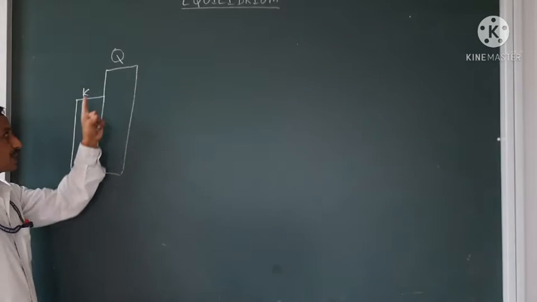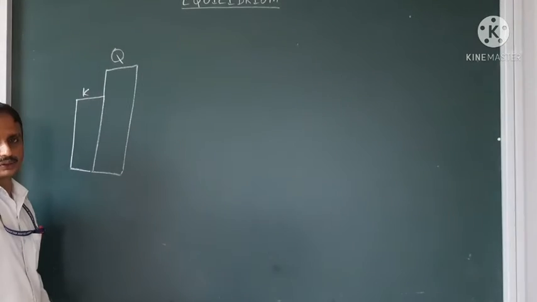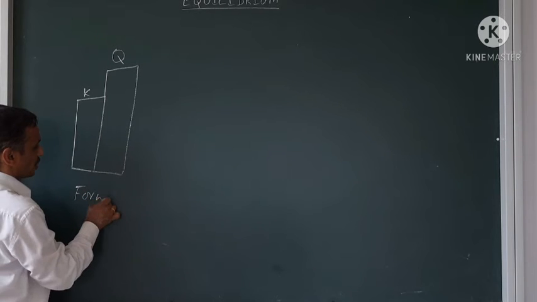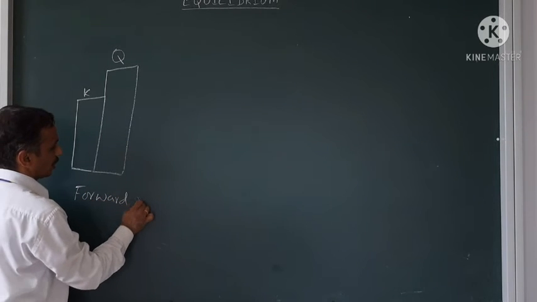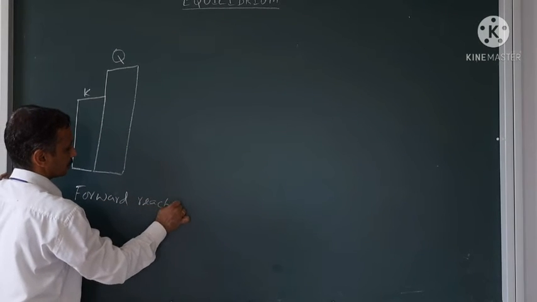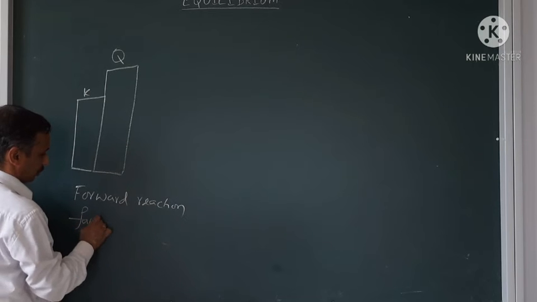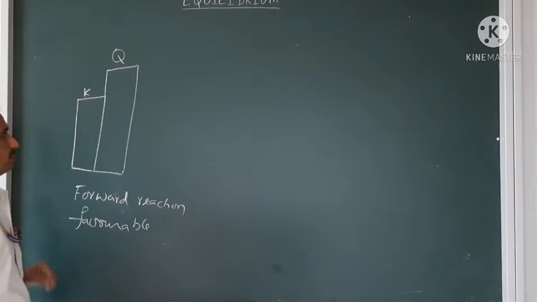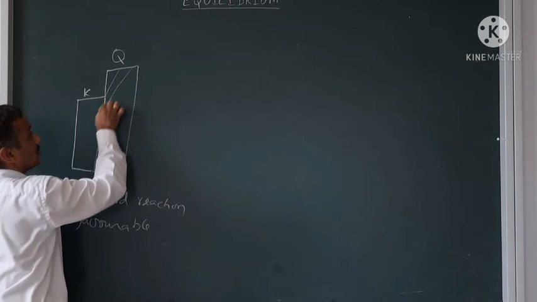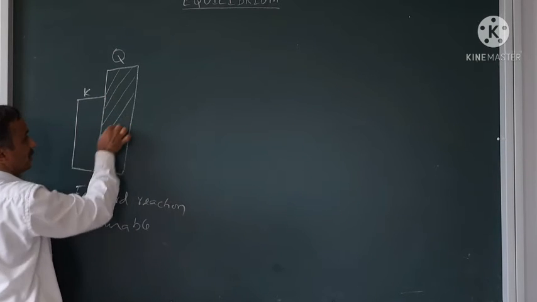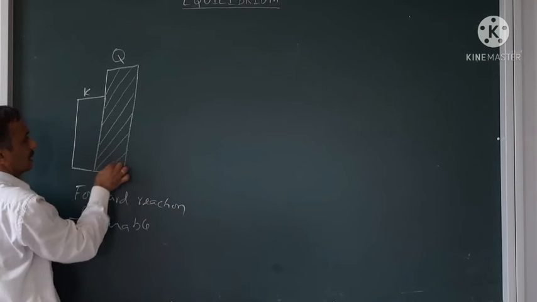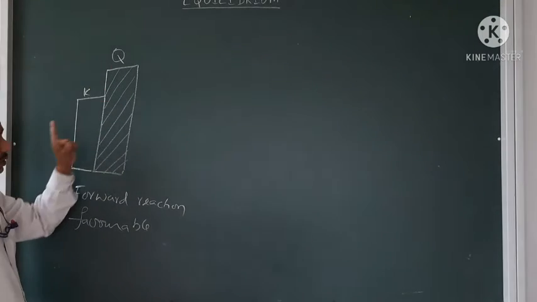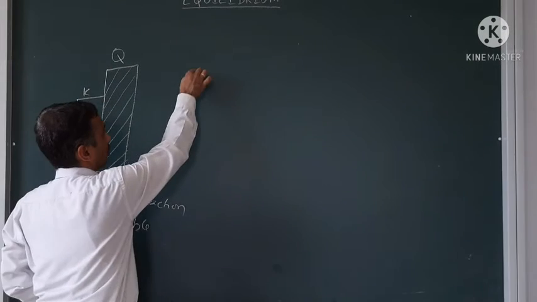The reaction quotient is greater than the equilibrium constant, which means the forward reaction is favorable. Why I am writing with a diagram is that when the pictorial representation is there, it is easy to remember. So this one is Q, this is K. Q is greater.